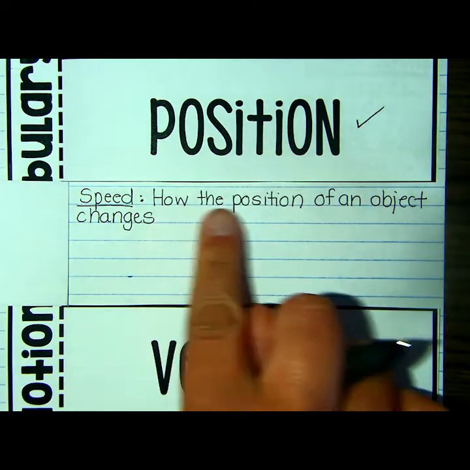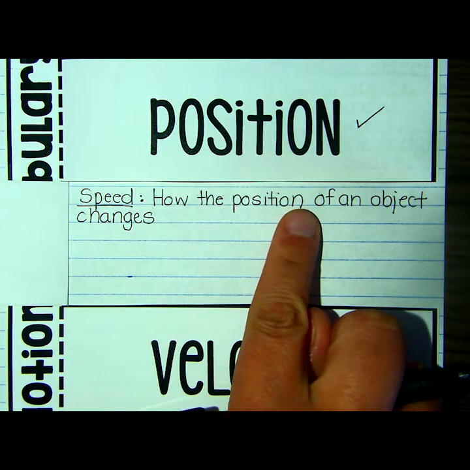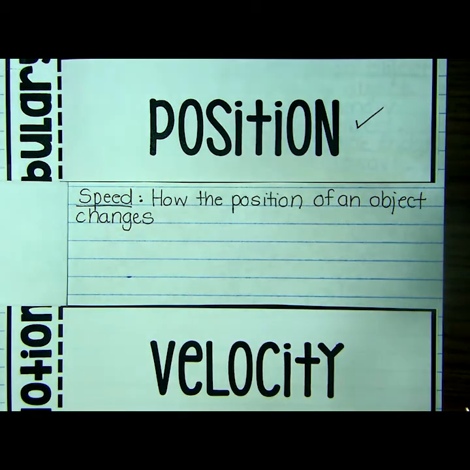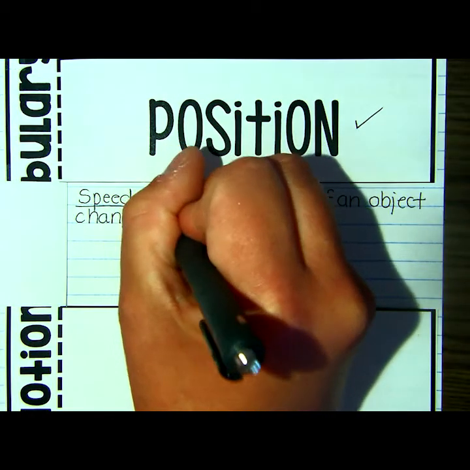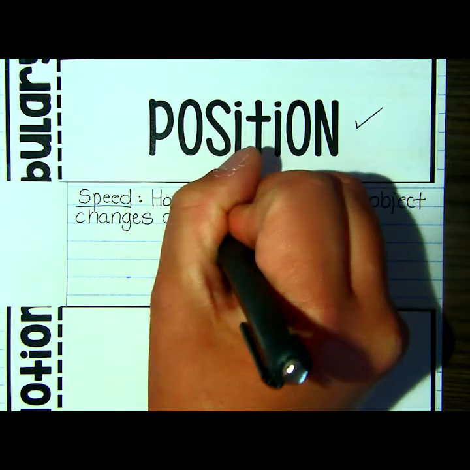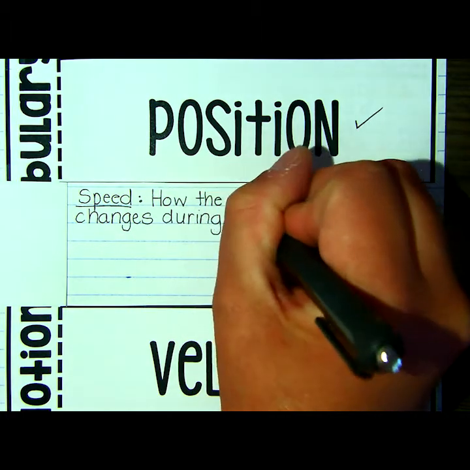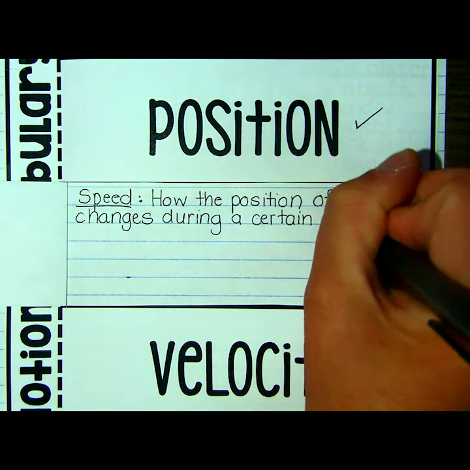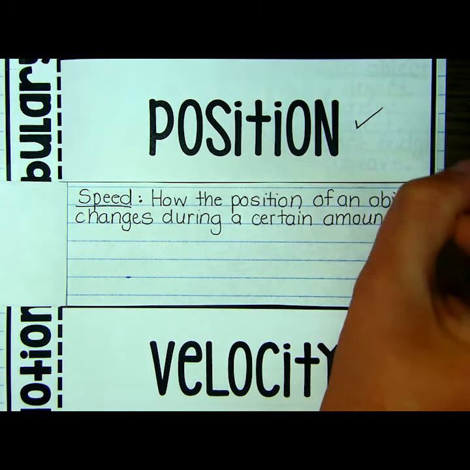Now, that kind of sounds like motion, but it's a little bit different because we're going to add something here. So how the position of an object changes during a certain amount of time.